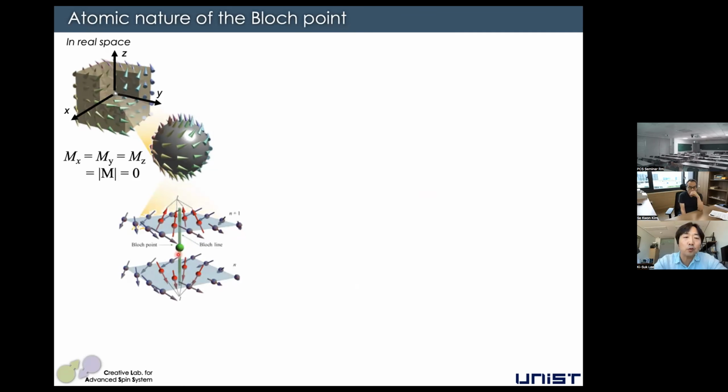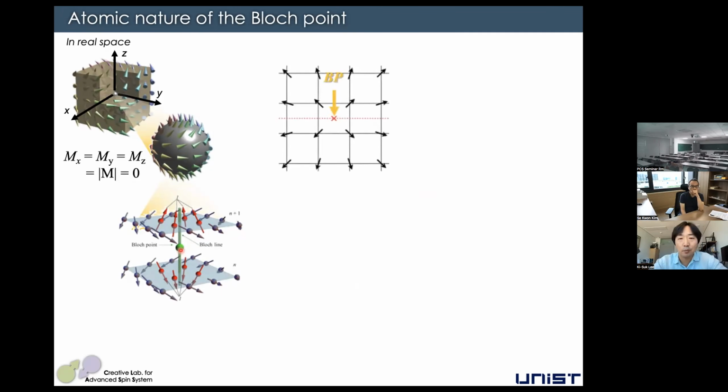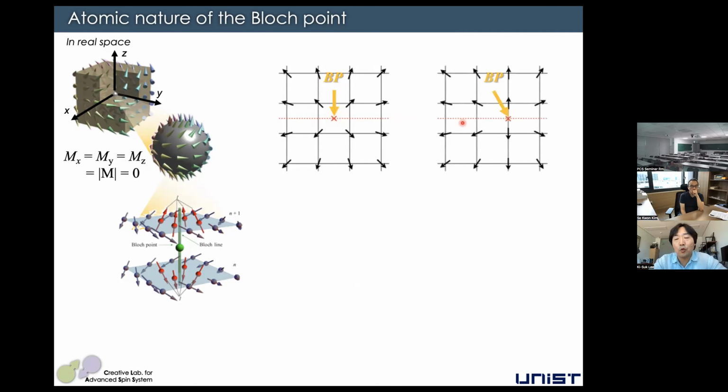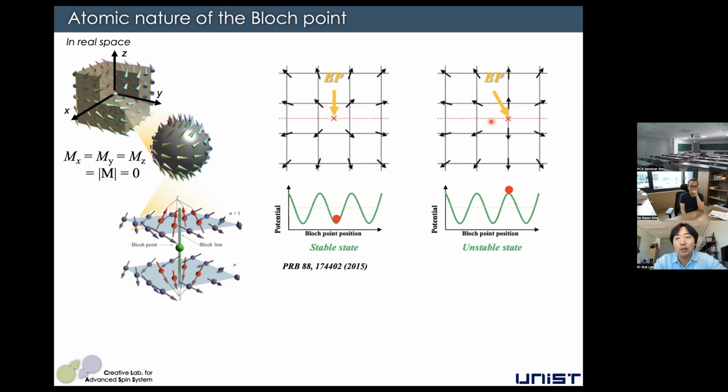The Bloch point is located in between lattice points. Here is where a Bloch point can be located, and if we move the Bloch point along these directions, you can think about the energy variance for that. Okay, so this is a stable state.